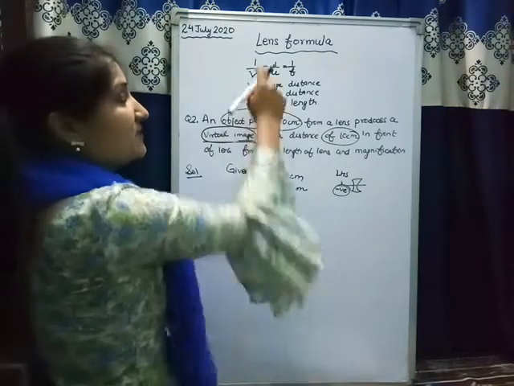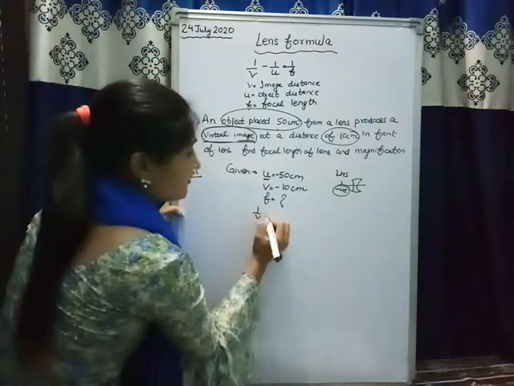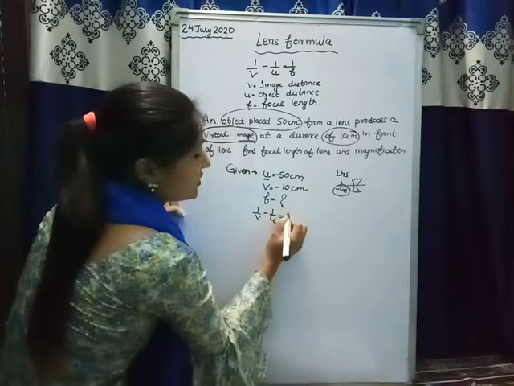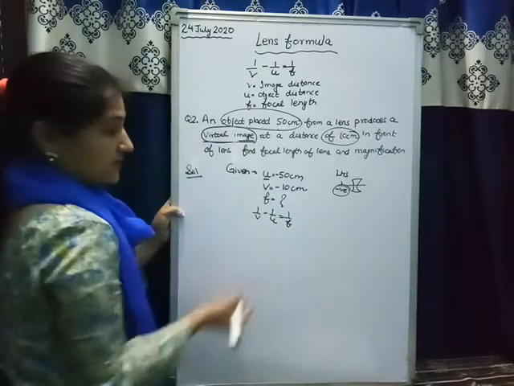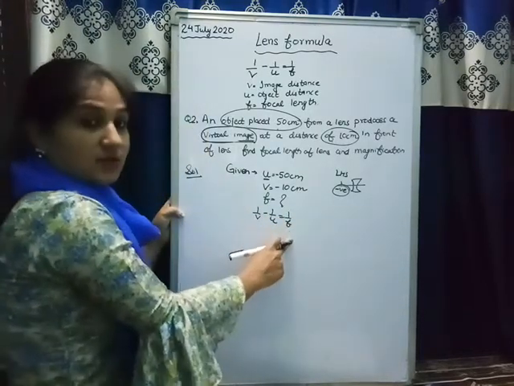Now apply the lens formula. 1 upon V minus 1 upon U is equal to 1 upon F. Okay. Now we have to find out the focal length.